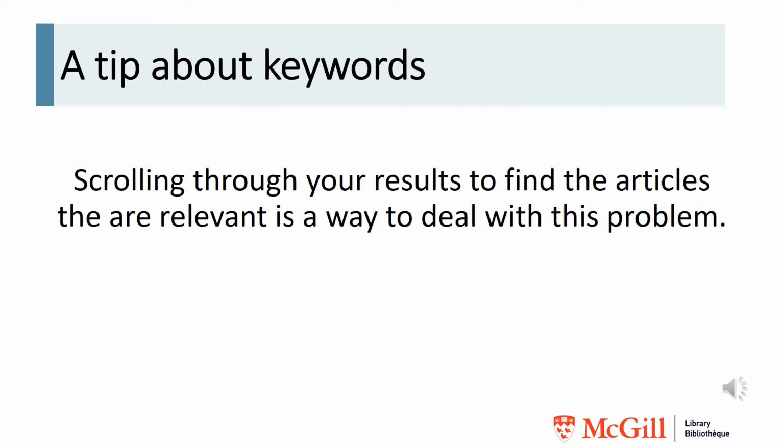When you're searching, it's important to always scroll through your results to see what you're retrieving. You can make a decision about which things are in fact relevant and which not. So having a few articles that are not relevant is not a big problem. But if you find that most of the articles are not relevant, that's when you may wish to go back to your keywords and try a different one.